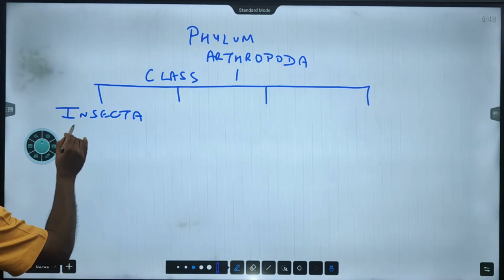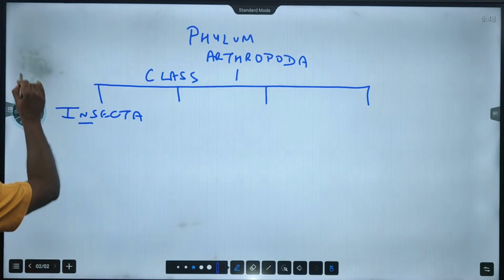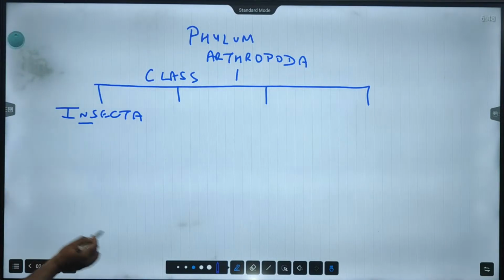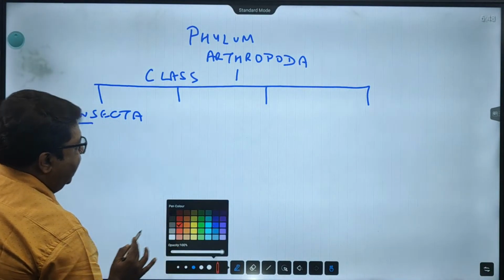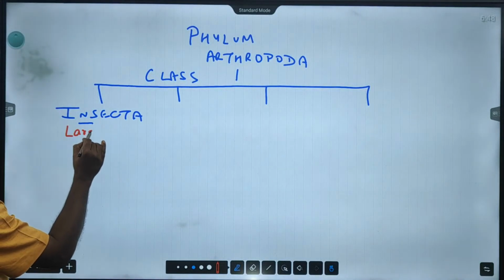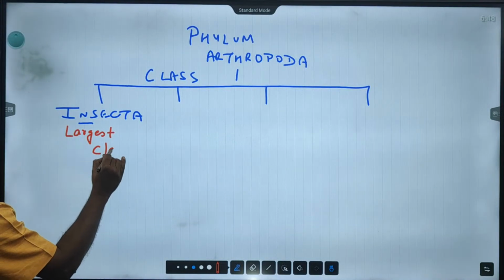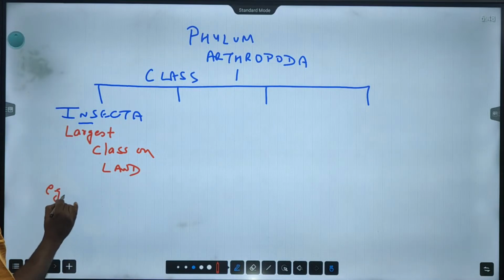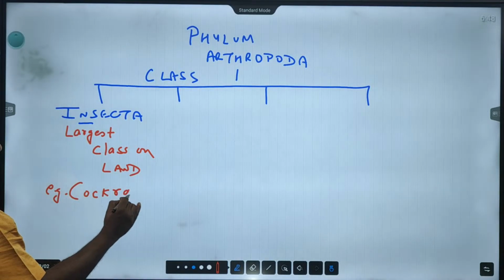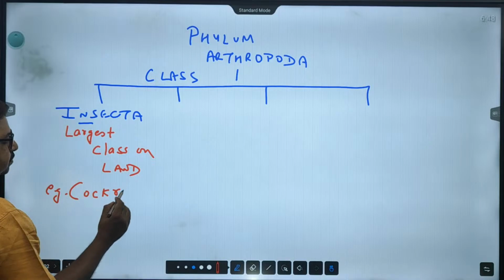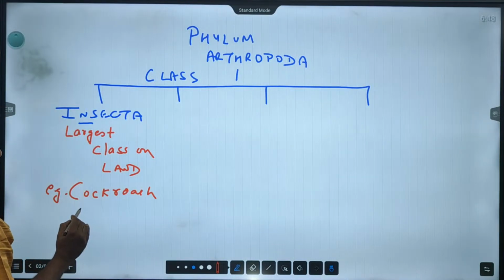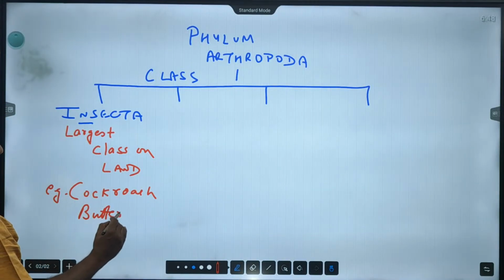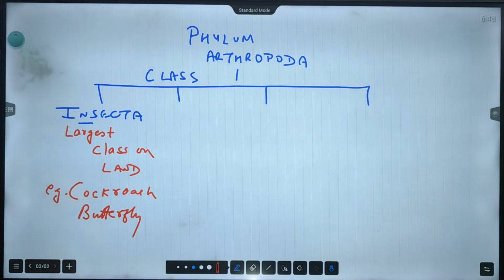And what is so very special about Insecta is they are the largest class on land. Fine. And what is the example of it? The first example is cockroach. And the second one is butterfly.